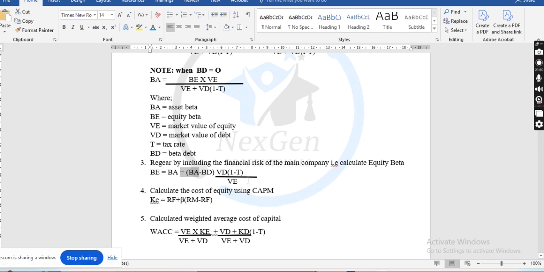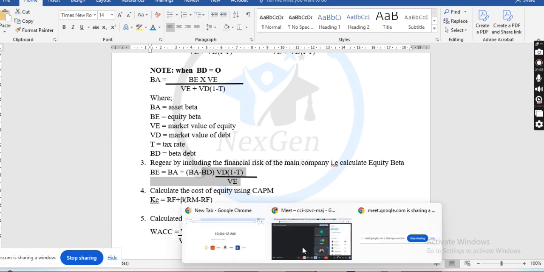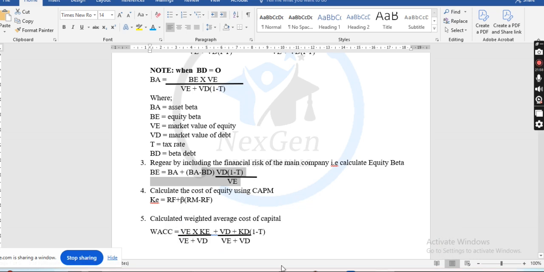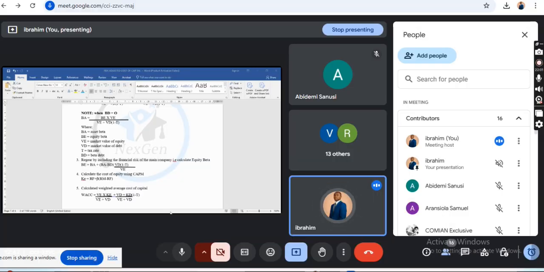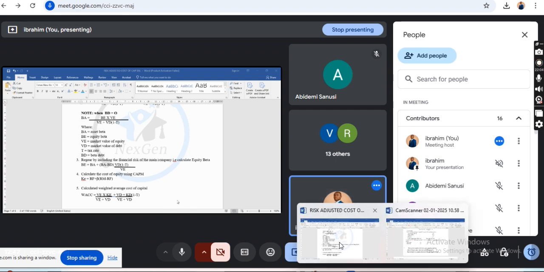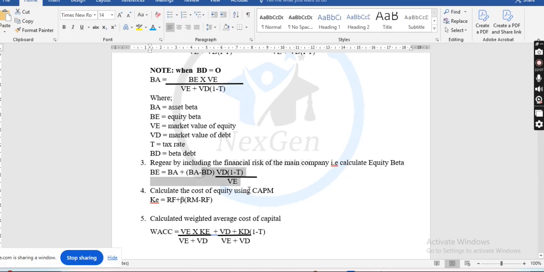Now, your BD, the beta debt, in this formula: beta debt times VD times (1 minus T) divided by VE. You can see the BA is the business risk of the proxy company.